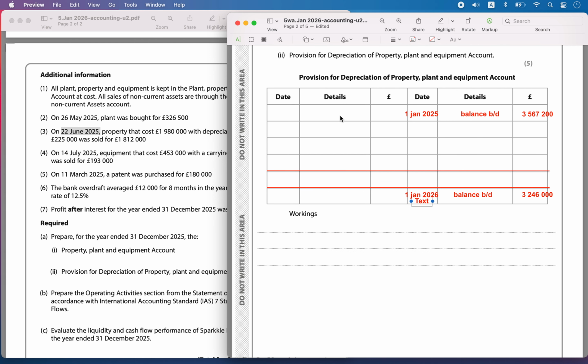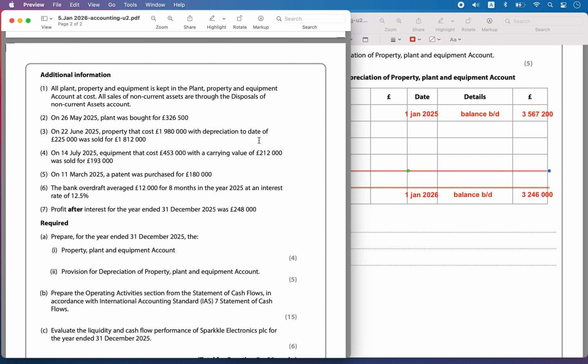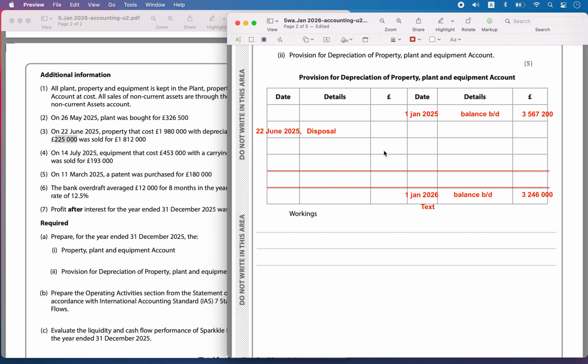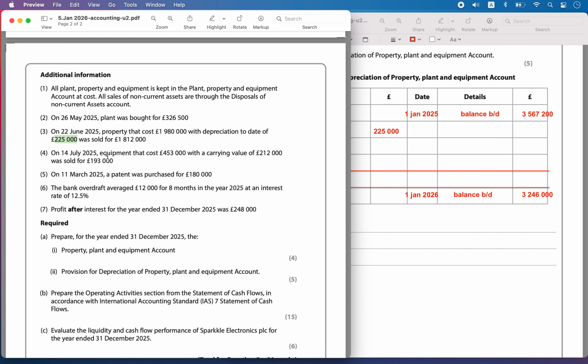On 22nd June 2025, this is also going to go into the disposal account. So the provision is 225,000. Okay, it is included.